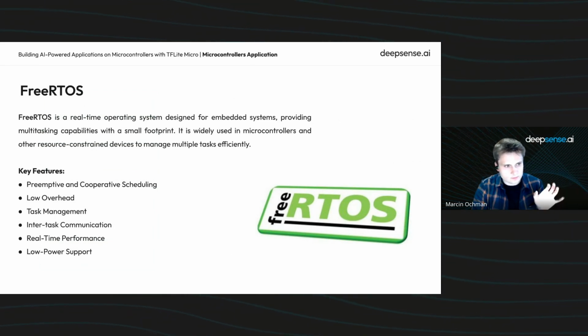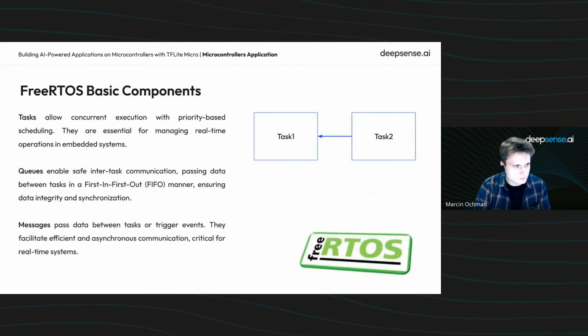So FreeRTOS is key to managing multiple tasks on microcontrollers, and it ensures that our resources will be used very efficiently, and we will be able to run our application with real-time performance.